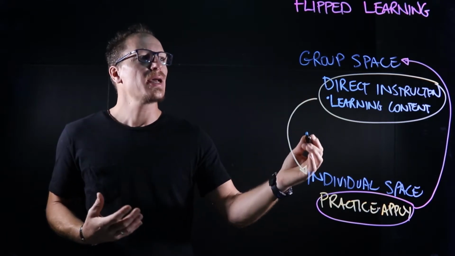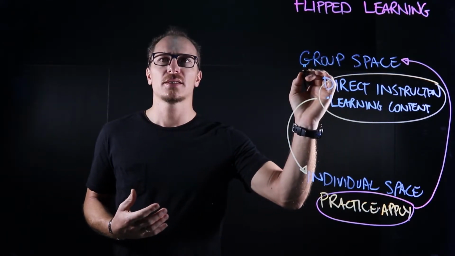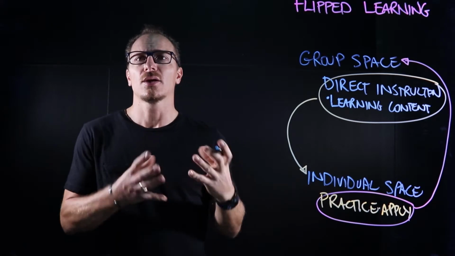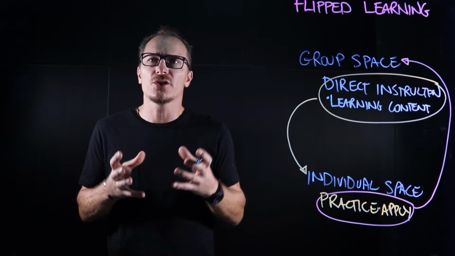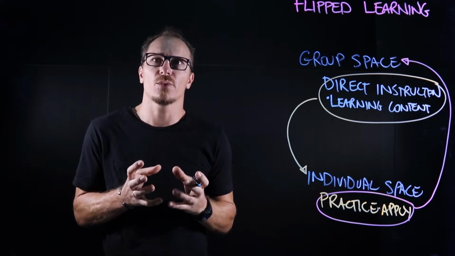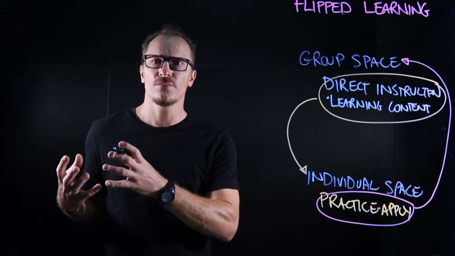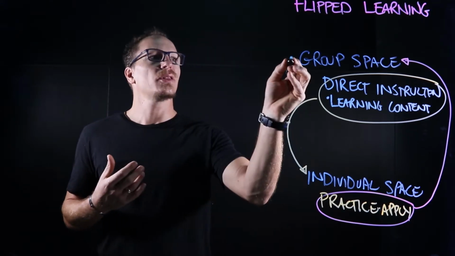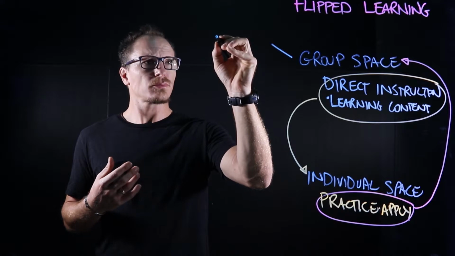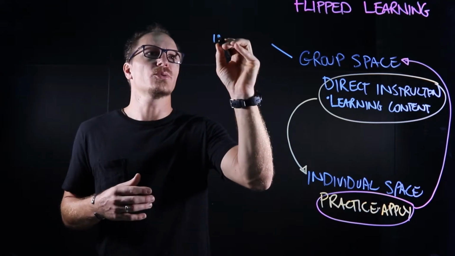So what's going to happen now is that in our group space, that's going to end up being all the stuff we do in class, where we have knowledge or information already, content that we've learned at home. And then we come into the class and we're able to apply it. And we're going to be doing different things, like sometimes we'll be working in individuals.